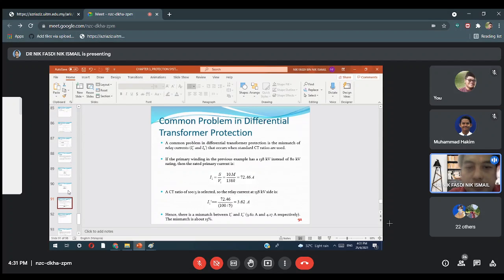Okay, a common problem in differential transformer protection is the mismatch of the relay current I1 prime and I2 prime that occurs when standard CT ratios are used.